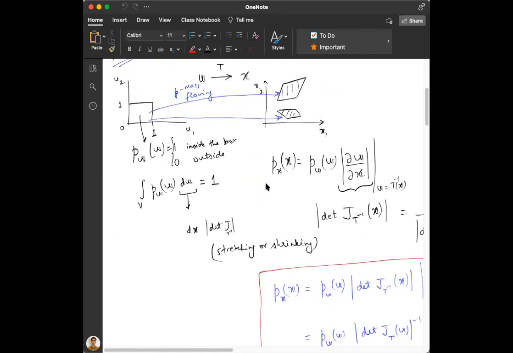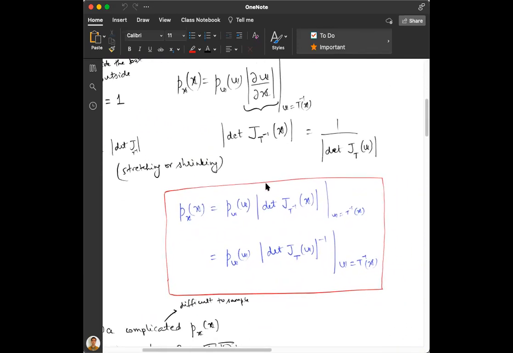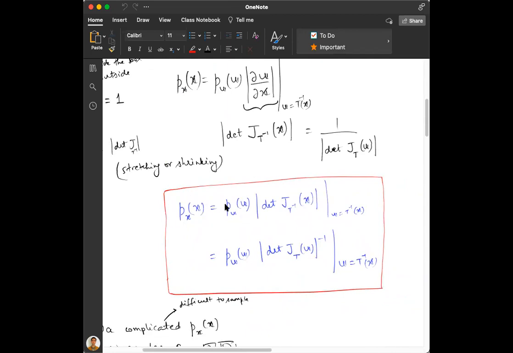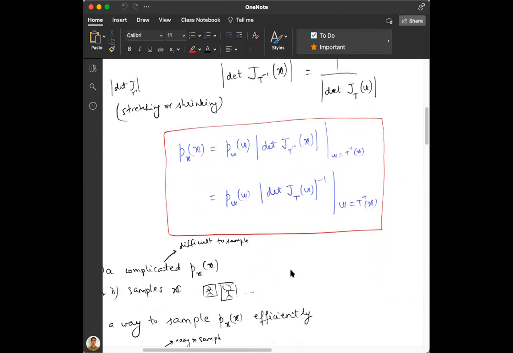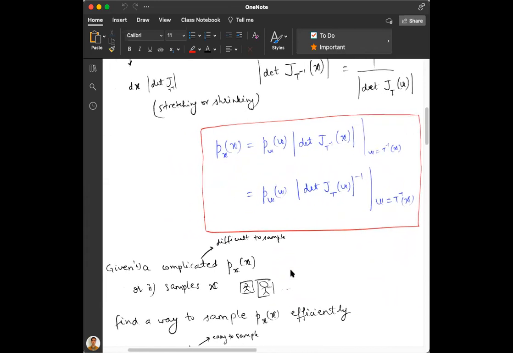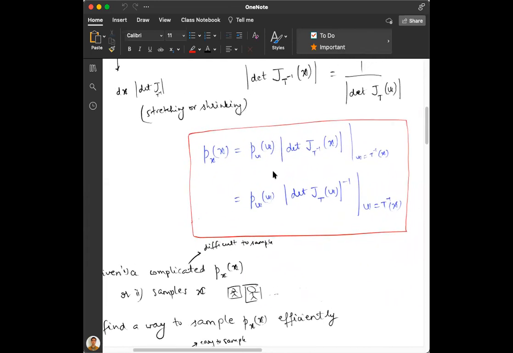And so this was the higher dimensional case, and this is the formula which we derived: p of x is p of u times the mod of the determinant of the Jacobian of t inverse, or the determinant of Jt mod with an inverse on top, basically 1 upon determinant Jt. So this was the basic form.